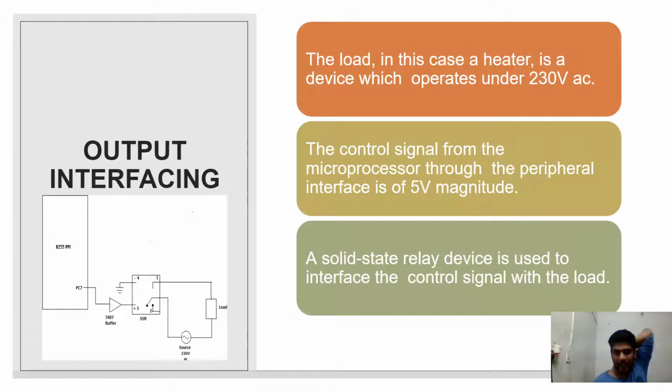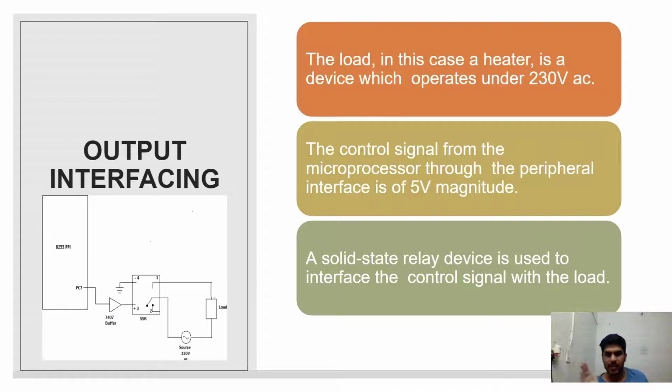So the final slide here is brief, on the output interfacing. As I've already mentioned, the load in this case, the heater, is a device which operates on 230 volt AC. However, the control signal from the microprocessor is a DC in the range of 5 volt. Therefore, you require an additional circuit to change that 5 volt to 230 volt, which is taken care of by a solid state relay device.